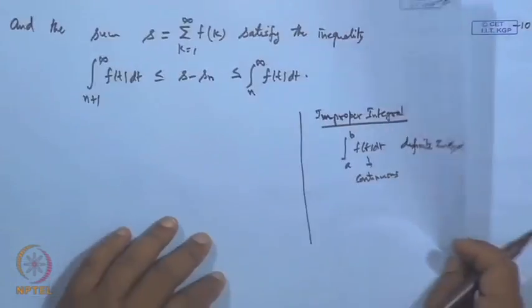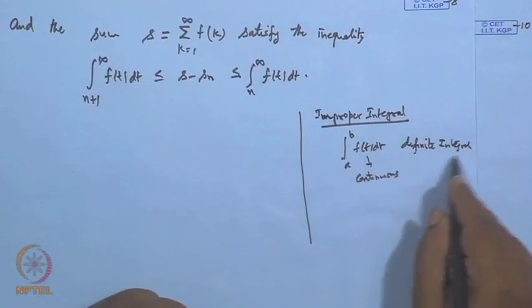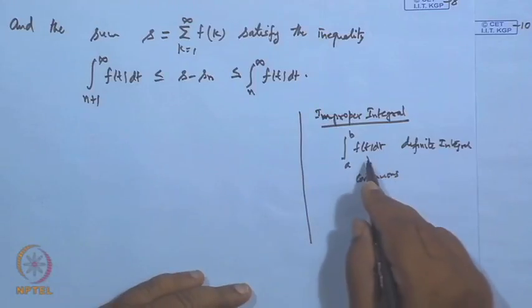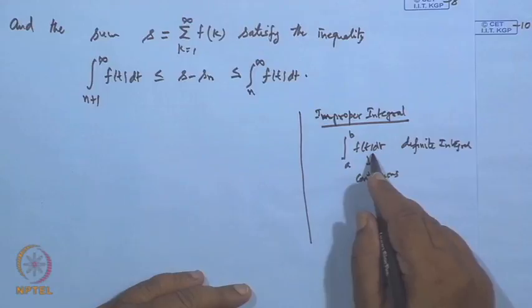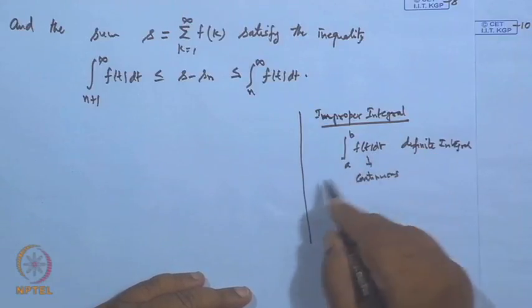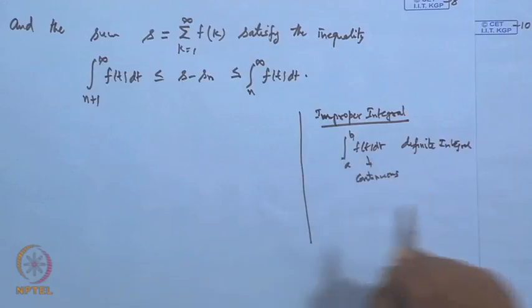It represents the area bounded above by the function y = f(t), and below by the x-axis and the two ordinates a and b.